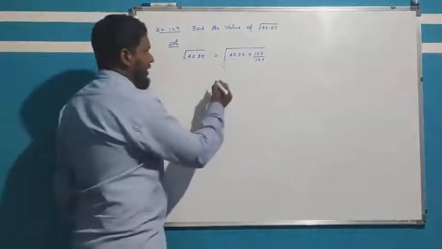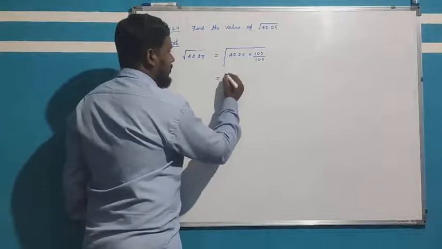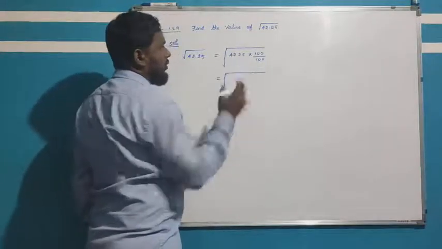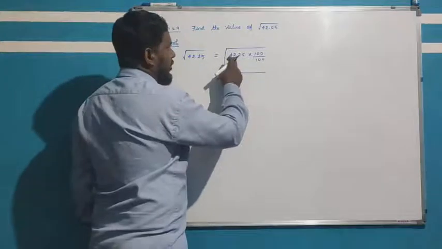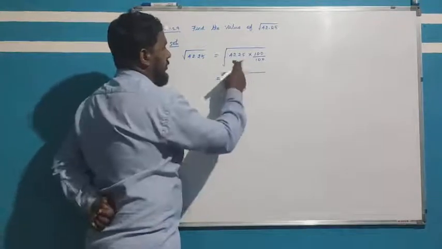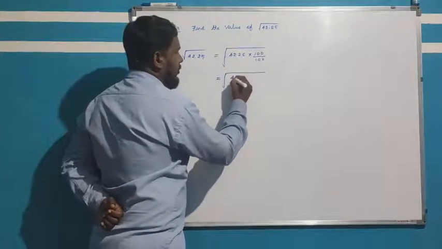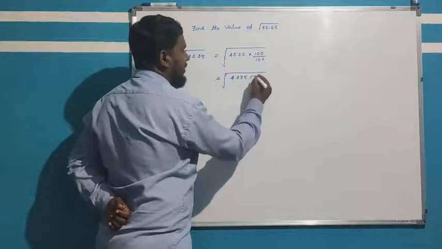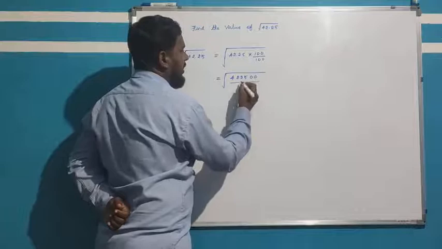Now what do we get? The square root of 1 into 4225; we don't need to consider the decimal, so we get 4225 only, divided by 100.